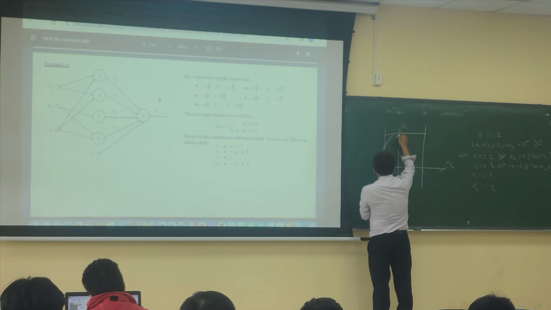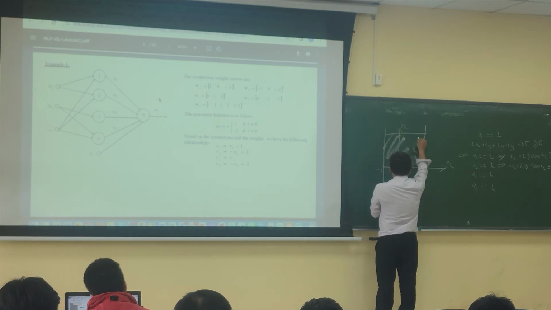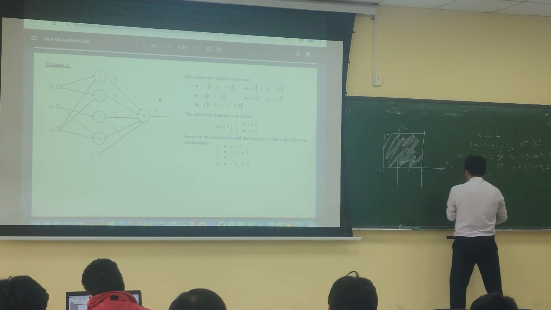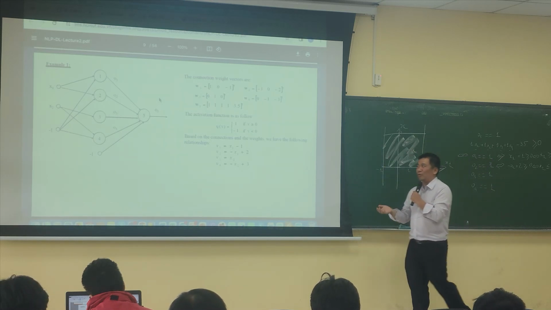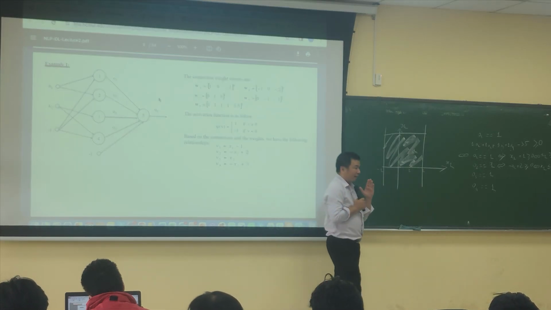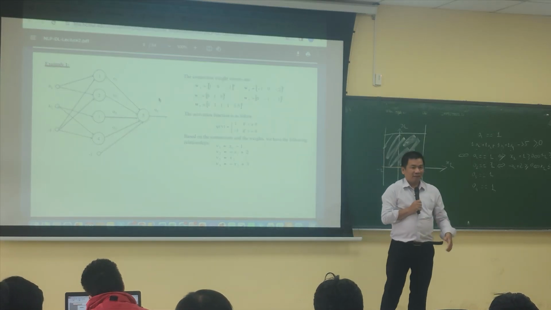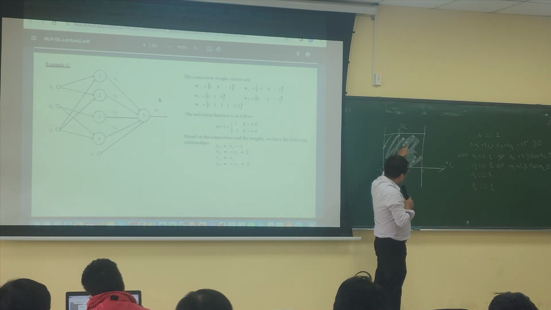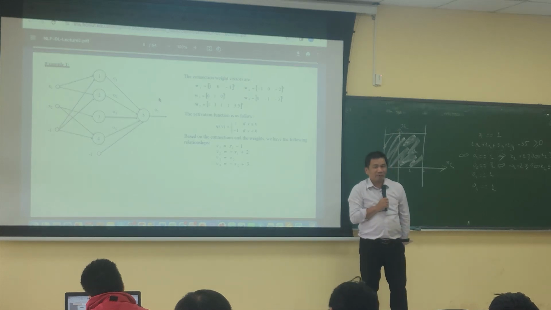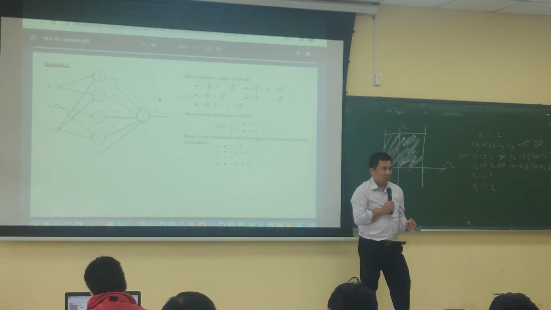That is the reason that makes the neural network activate. In that case, this is the network designed to choose all of the points in this rectangle. So that is one example.